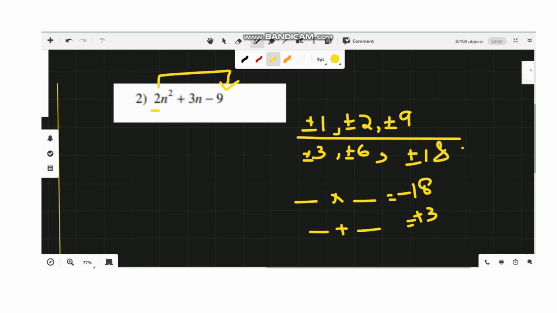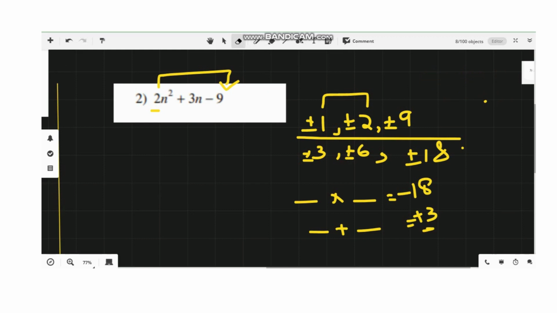So which numbers are we going to use? If I use 1 and 2, 1 plus 2 gives me 3 positive. Yeah, that's right. But if I multiply 2 with 1, that's not giving me 18. So that's not possible, 2 and 1. Okay, if you do 9 and 2, when you're adding that's giving you 11, subtracting that's giving you 7. But we need 3, so this will also not work.